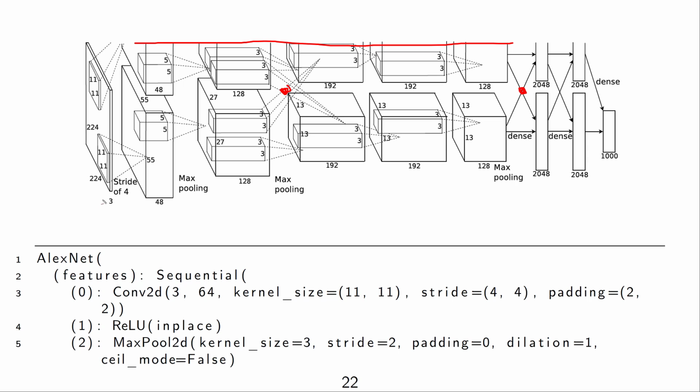So the three-dimensional boxes encode the tensor sizes that are used. So the spatial resolution, for example, here the input data has size 224 times 224, and we have 3 channels. So that's the input RGB image.